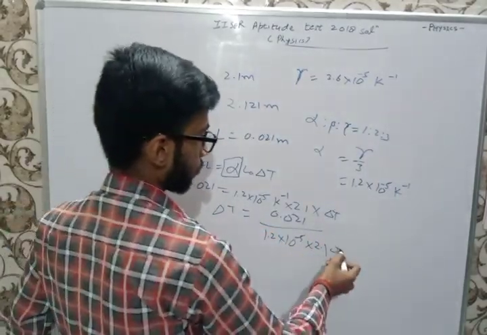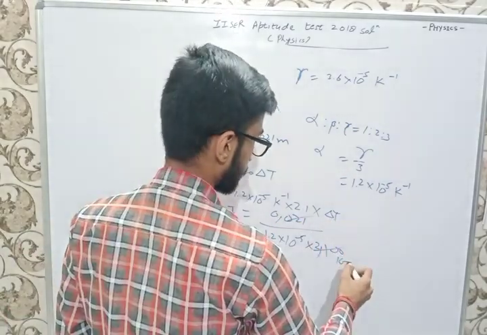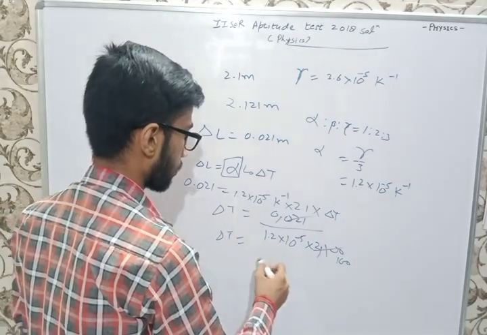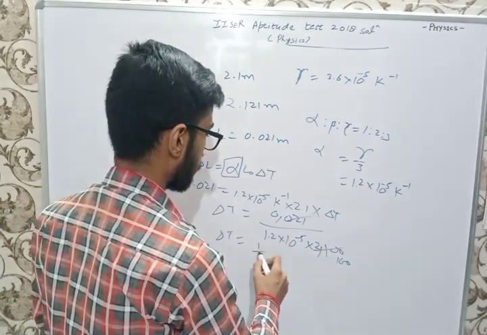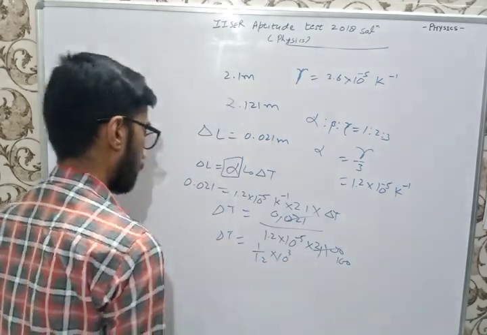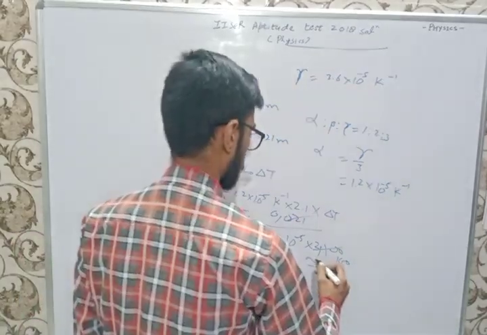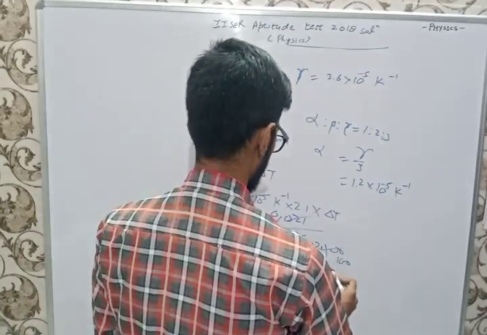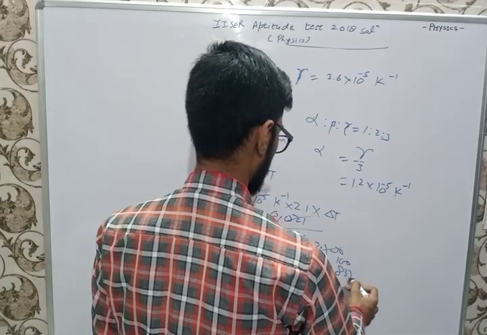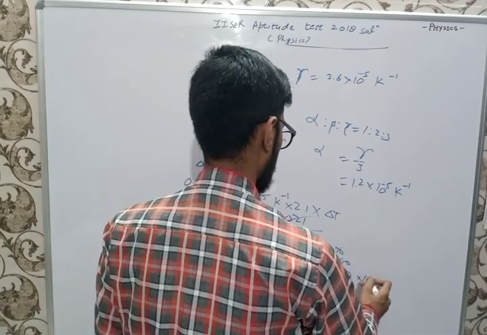If you increase 2 zeros and divide by 10 times, it is 1 over 1.2 into 10 to the power 3, and 1 over 1.2 is approximately 0.0833 into 10 to the power 3.